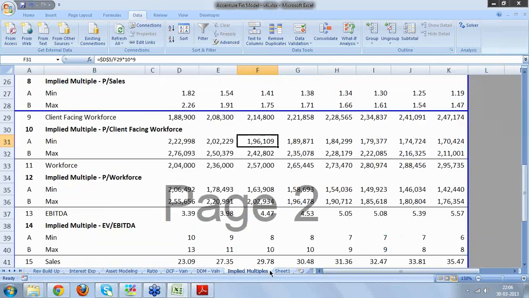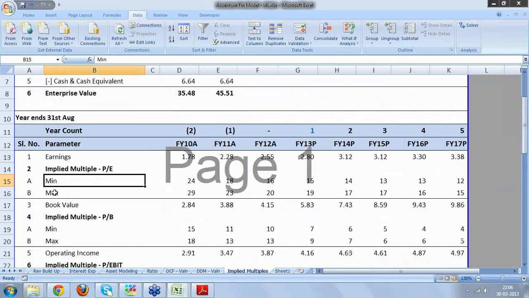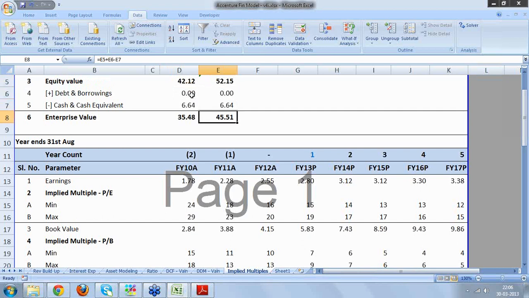So just have a look at it, guys, and tell me if there is any parameter which you don't understand. So I have for each parameter a min value and a max value. Why? Because there is a min equity value and there is a max equity value. Similarly, there is a minimum enterprise value, there is a maximum enterprise value, divided by whatever denominator you think.